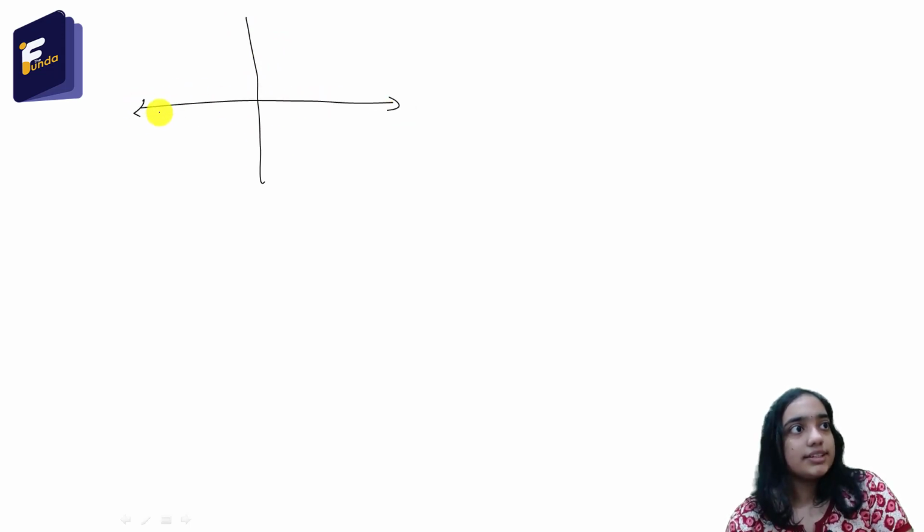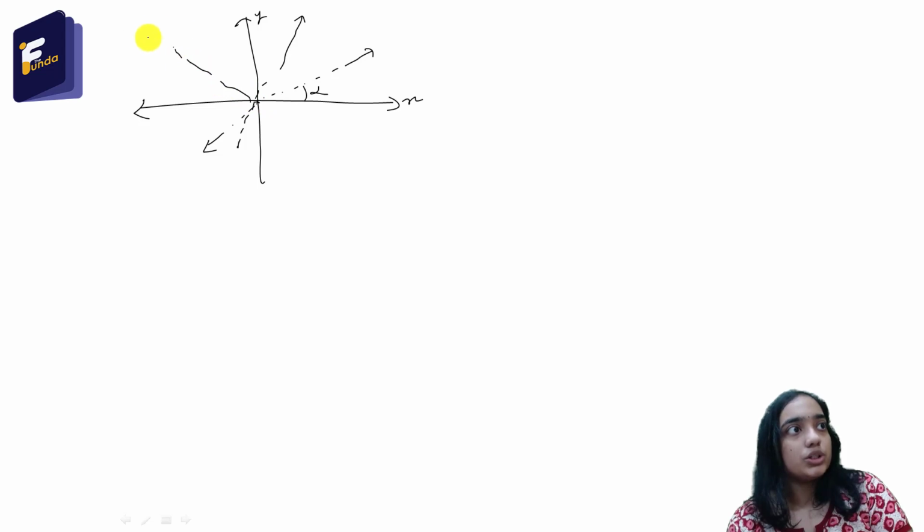So if there is a line like this, making some angle, say alpha, with the x-axis, and slowly the line is becoming straight, it is going to this position, then slowly going to this position, like this it is moving.